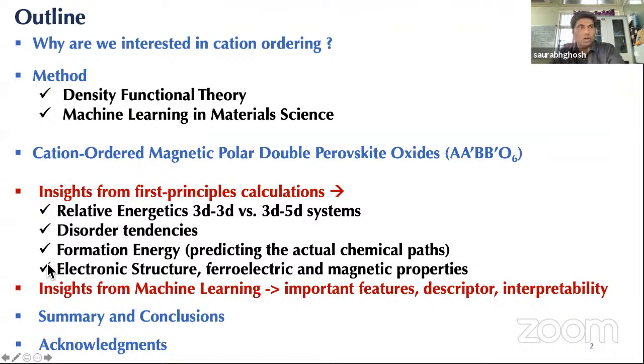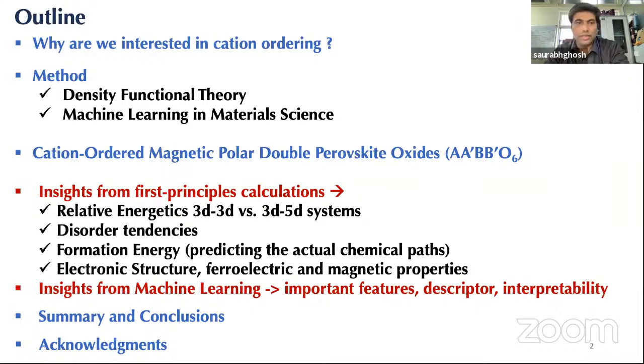So this is the outline of my talk. First I will briefly go through why we are interested in cation ordering, and then briefly mention the methodology we used in this project work. Density functional theory-based calculations have been performed to get the geometry and the other magnetic properties.